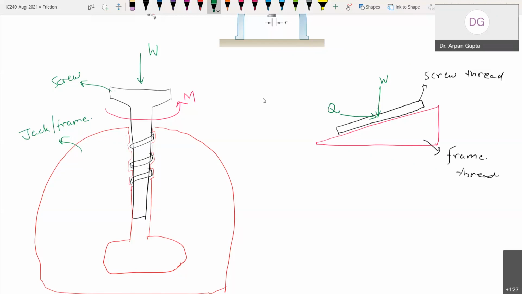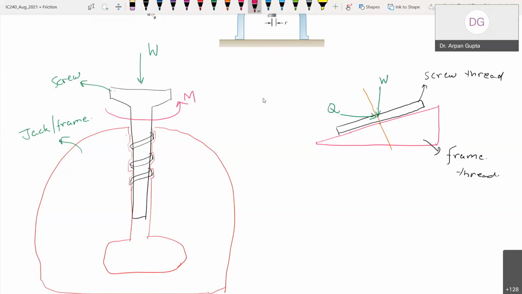And as a resultant, if Q was not there, the resultant would have been vertically downward. But since we are trying to push this thread up, let me draw the normal first. So this is the normal line. Since we are trying to push this block up, you can see that this problem is exactly the same as what we discussed in the last class, a block on top of an inclined plane.